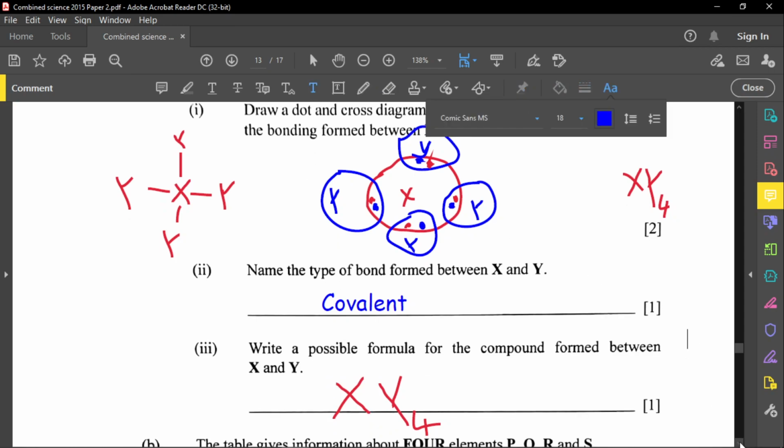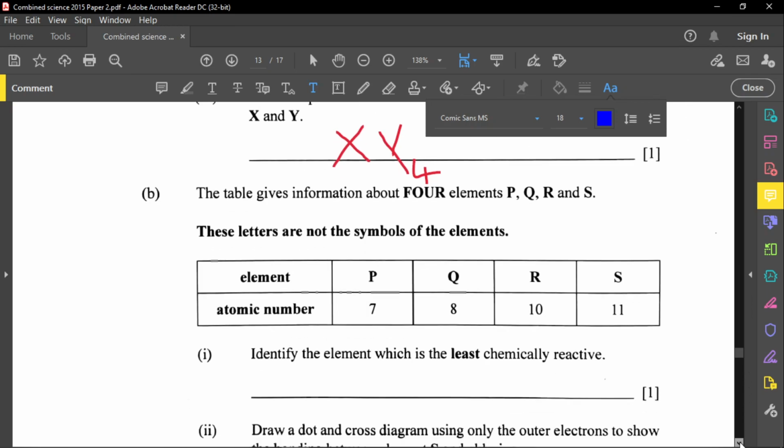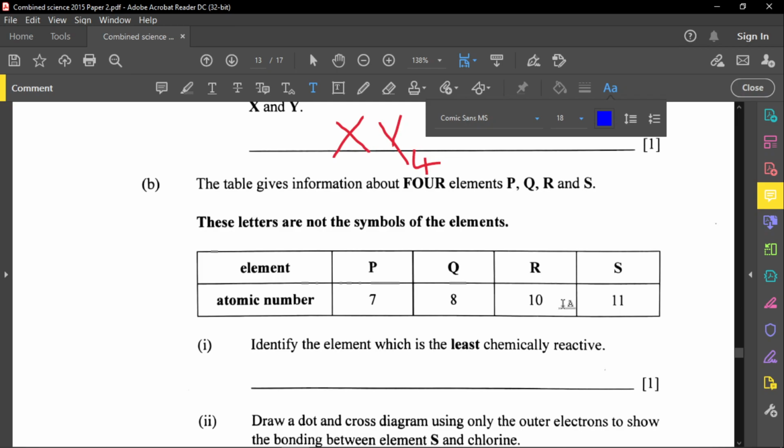All right, so let's now jump to the next part of the question. The table gives information about 4 elements, P, Q, R, and S. It also gave us the atomic numbers. So we have 7, 8, 10, 11, respectively, for each of those elements. It said identify the element which has the least chemical reactivity, or least chemically reactive.